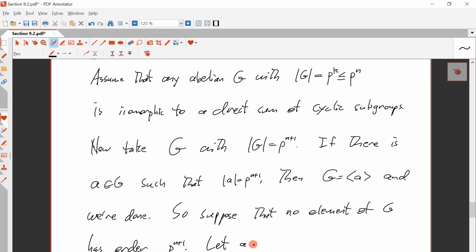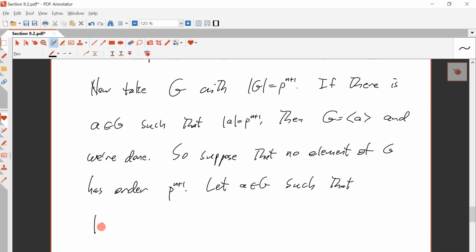Let A be an element of G such that the order of A is equal to p to the k. It's got to be a divisor of p to the n plus 1, and the only divisors of powers of a prime are smaller powers of that prime.